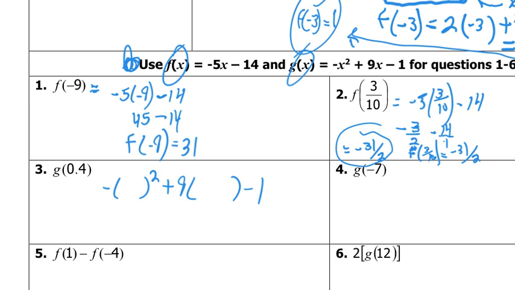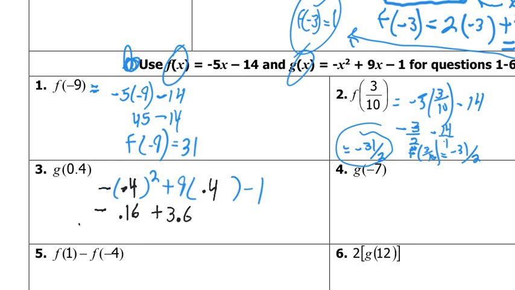Okay? So if we do that, we end up with 0.4, same thing as 0.4. Okay. This was a negative sign. 0.4 squared, okay, it is going to be 0.16. We have a negative 0.16, okay, plus 4 times 9 is 36, so it's like 3.6, right?